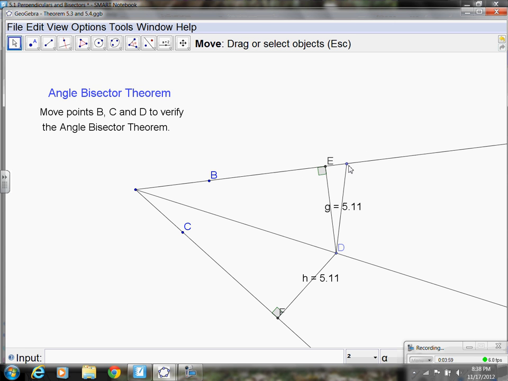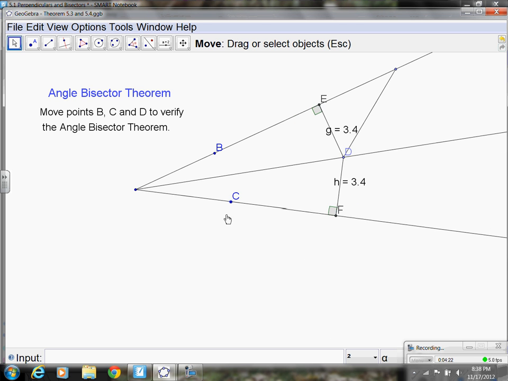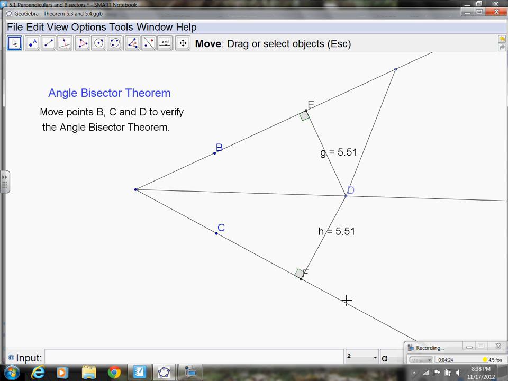Now the converse says if this is a perpendicular line to this line and it's the same length as the perpendicular line to this line, then D will be on the angle bisector of that angle. So they're kind of complicated theorems. I have these GeoGebra things on the Moodle site so you can play around with them and experience this for yourself.